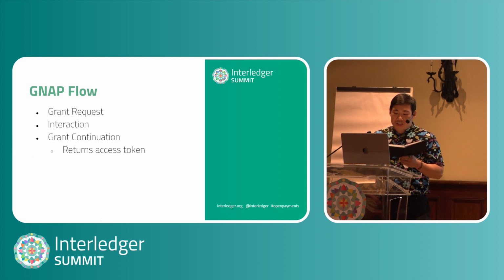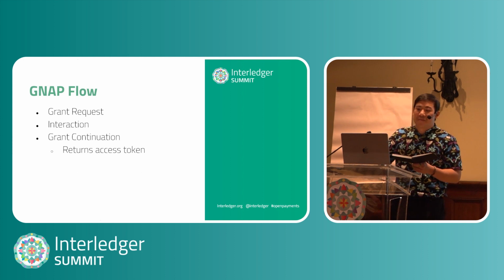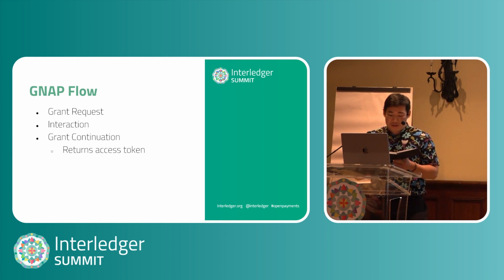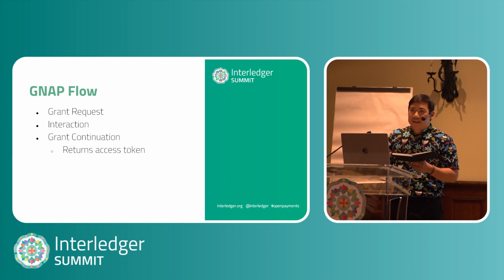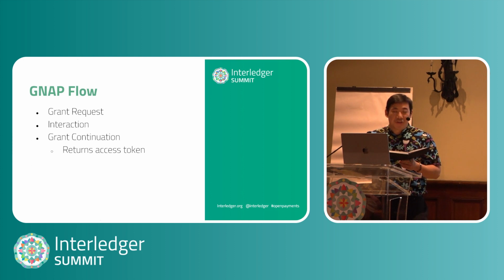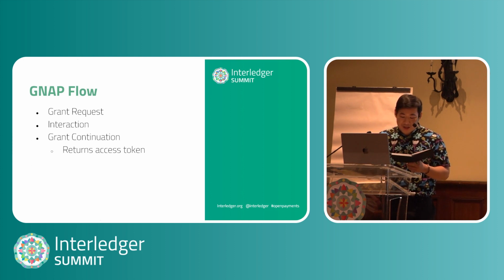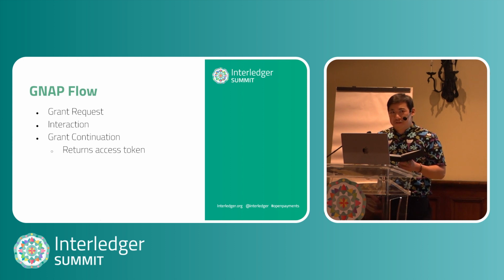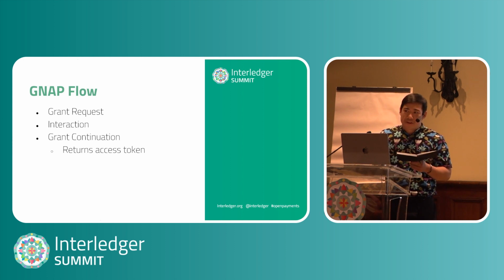On completion, the authorization server signals to the client that it is done with interaction, which means we can move on to grant continuation. This is where the client indicates to the authorization server that it is ready to advance the grant process. If all conditions are met, such as a pending interaction, then the authorization server will issue an access token to the client and end the flow.